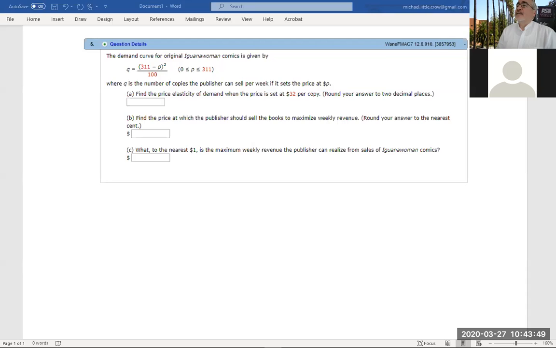And when we're looking for elasticity of demand, what we're using as elasticity of demand is the derivative of Q times P over Q. Maybe this notation will be a little bit different, I've also called this f of p, but it's just basically Q. So we're going to need this derivative to find the elasticity of demand, so let's find that first.